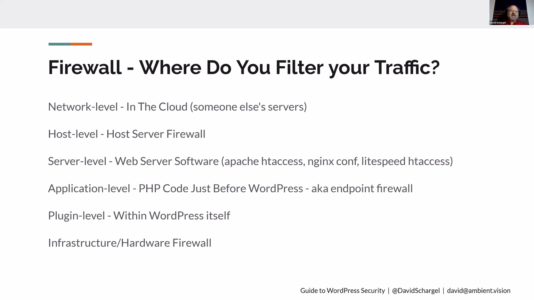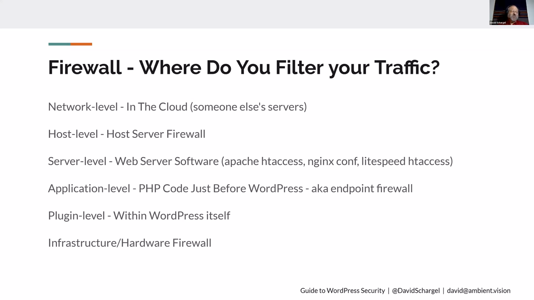Now, the server level. I'm not talking about the actual hardware level up above or the OS level, but the server itself, the stuff that gives us the internet. Apache is what most people are familiar with. There are firewalls there. The popular one is Jeff Starr's 6G firewall, and now there's a 7G firewall.